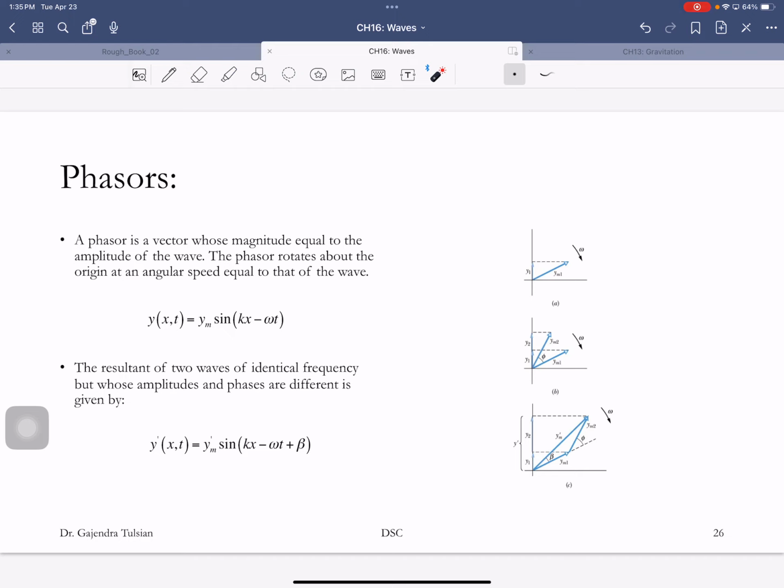How many can you add? As many as you want. There's the phase difference between each one of them, and here's the net phasor, the sum of all of them, and that is rotating at angular speed omega clockwise. So this is a trick for adding multiple waves.